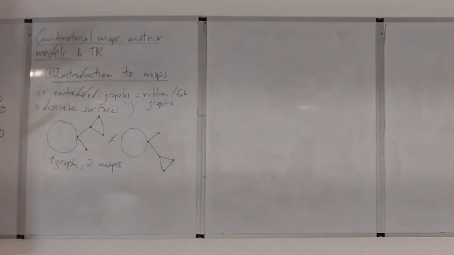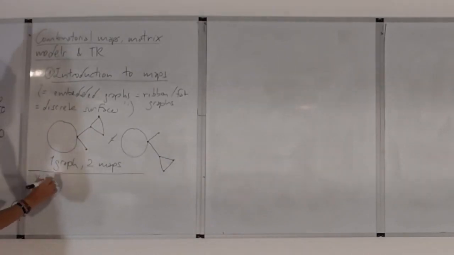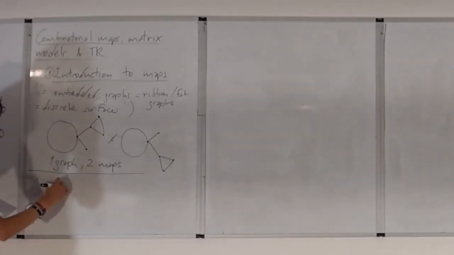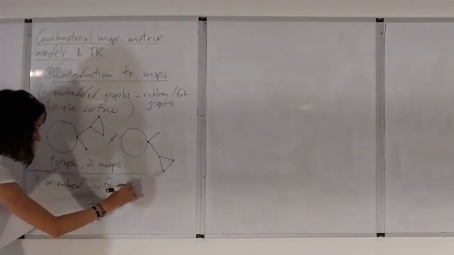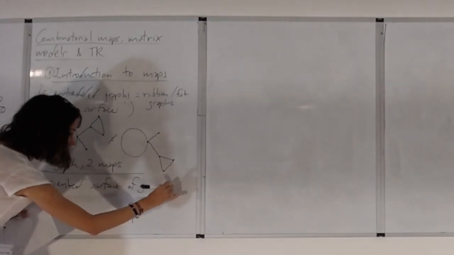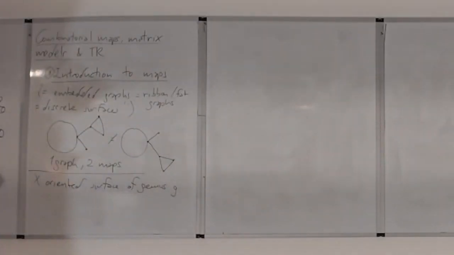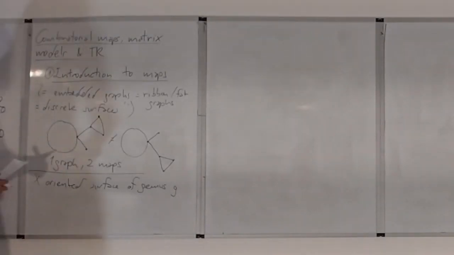So let's give the proper definition. We have X, an oriented surface of genus g. Yeah, sorry, my handwriting is not very good. I'm trying my best, but tell me if you don't understand something.